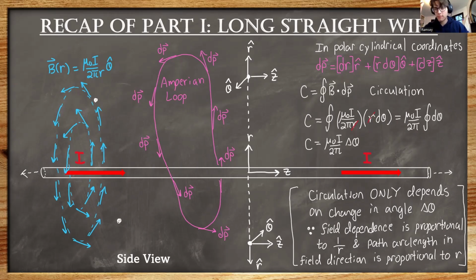And this is the beauty of Ampere's law, those r's canceled out, and we got mu naught I over 2 pi. Then just sum up all the little changes in angle for each dp, and that gives you the total angular displacement of the path. So this was our formula for circulation along a path: mu naught times the current in the wire, divided by 2 pi, times however much of an angle you pass through. Beautiful.